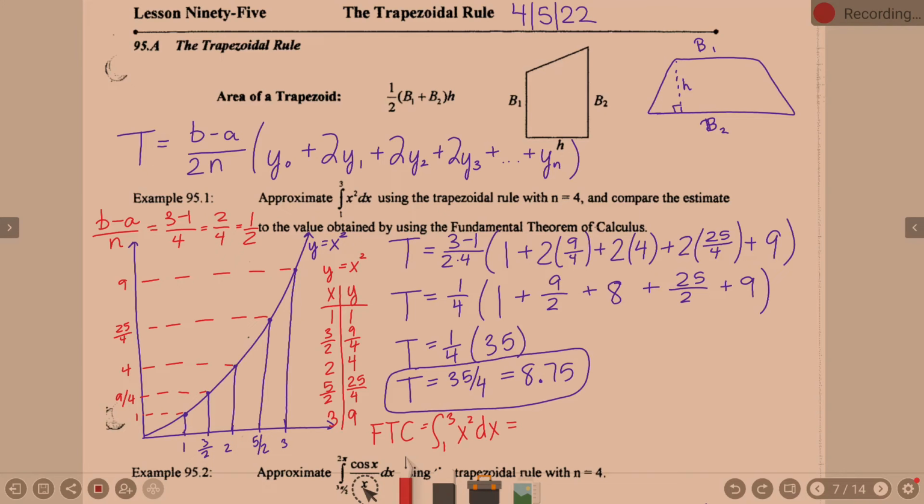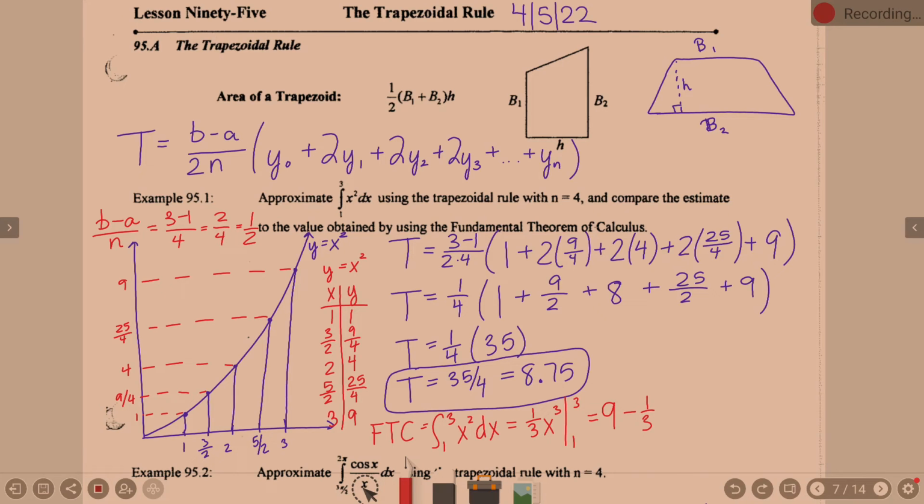Well, the integral of x squared is 1/3 x cubed from 1 to 3. We plug in 3. 3 cubed is 27. Divided by 3 is 9. Minus 1 cubed times a third.